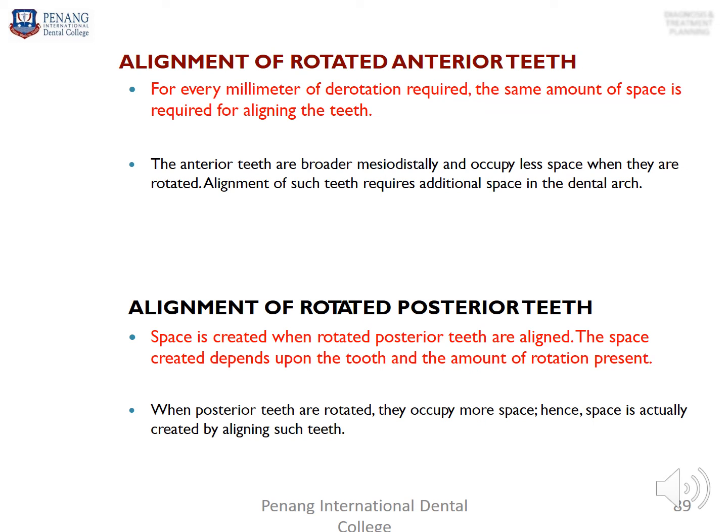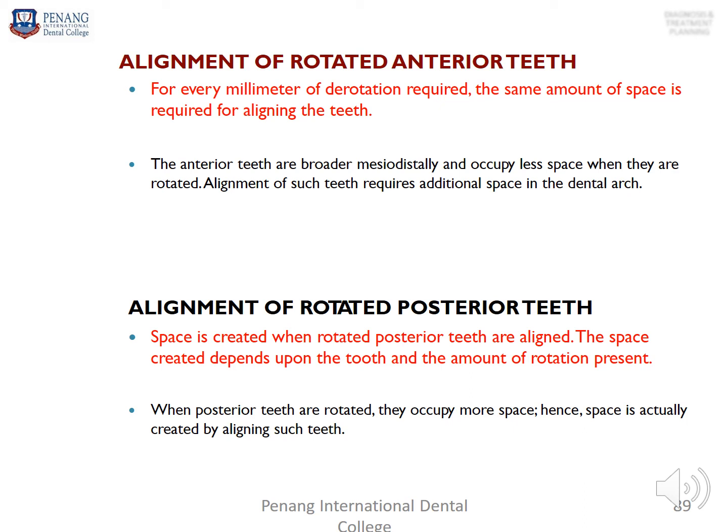And then for the alignment of the rotated teeth, for the anterior teeth, every millimeter of derotation required, the same amount of space is required for aligning the teeth. Usually the anterior teeth are broader mesiodistally and occupy less space when they are rotated, so alignment of such teeth requires additional space in the dental arch.